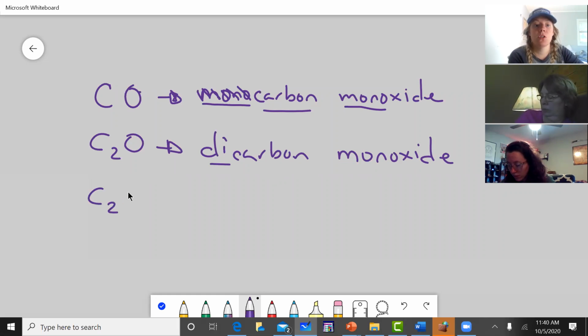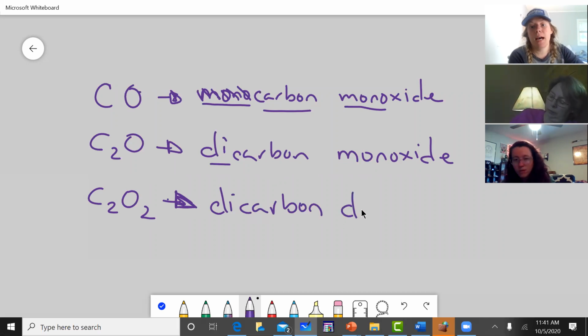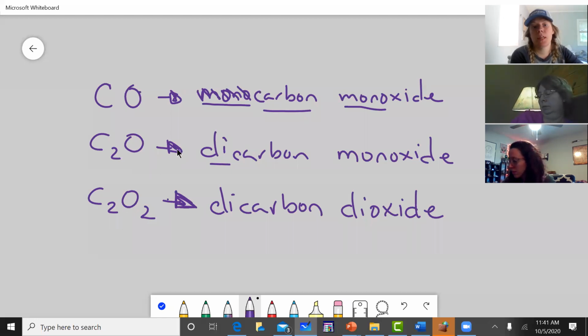So if I had C2O2, I would not call this carbon monoxide because the 2 and the 2 reduce. I would call this dicarbon dioxide. So hopefully that kind of clears up all of the exceptions. Really, there's only the one exception, this thing right here.